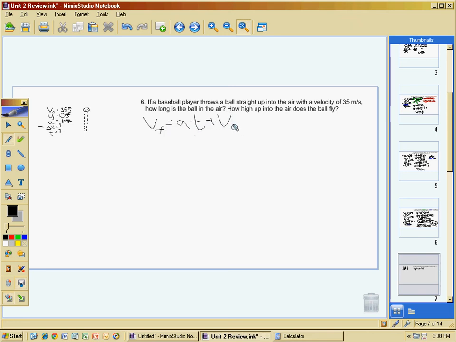All right, V final we know is 0, acceleration is negative 10, time is what we're searching for, and V naught is 35. We subtract over 35. Let's go ahead and erase this 0 here. Now I realize it would probably be easier to just rewrite it, but hey, it's not as fun.